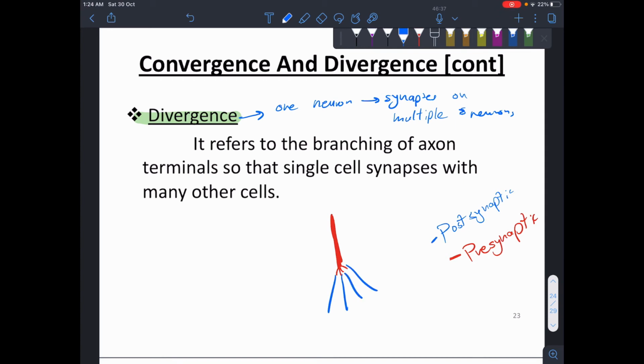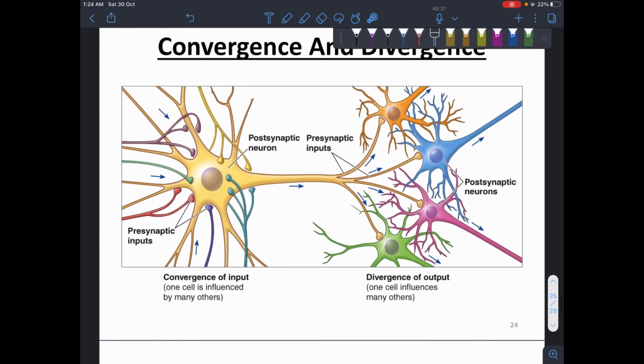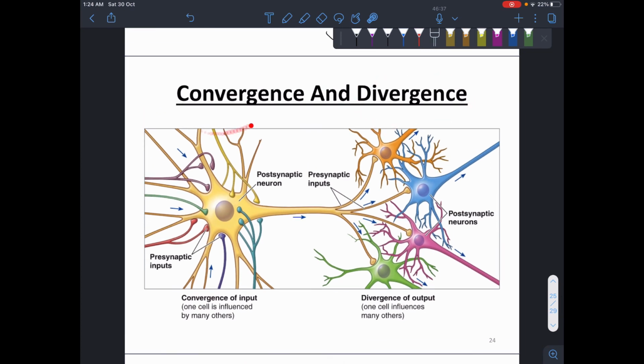This is the divergence. بس كذا مثال توضيحي, نحاول نبسطها قدر المستطاع. So divergence نقول إنها هي refers to the branching of axon. هنا شفت الأحمر شلون صار فيه branching, so that a single cell synapse with many other postsynaptic. حلو. هذا الconvergence والdivergence.